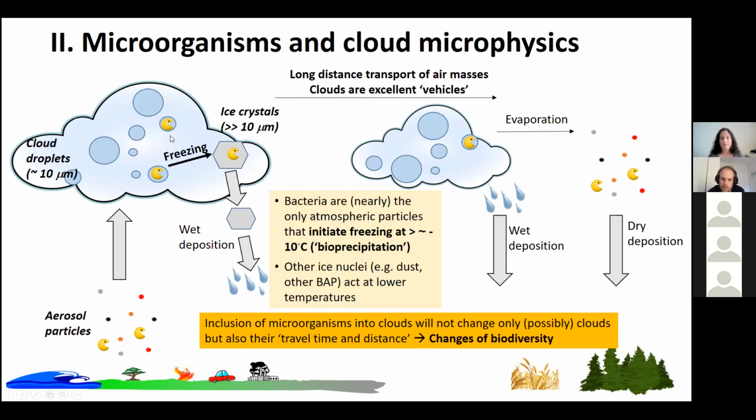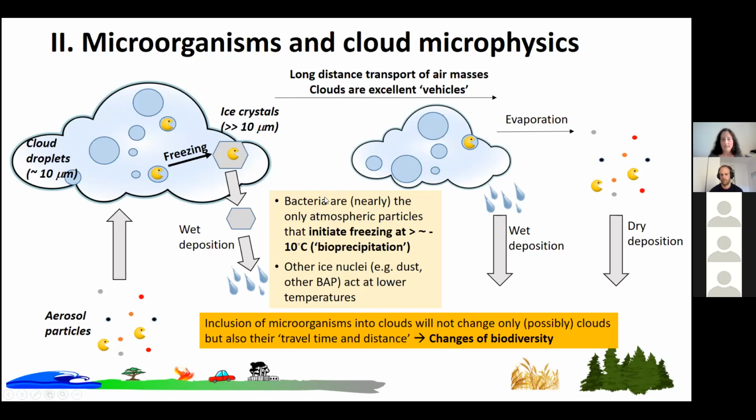But a lot of bacteria will not freeze, so they will be transported over long distances. Eventually they might be removed by wet deposition, or the cloud evaporates and then we have dry deposition. That means the bacteria are transported and will get deposited somewhere else, far away from the emission sources. This freezing of bacteria has been known for many decades.